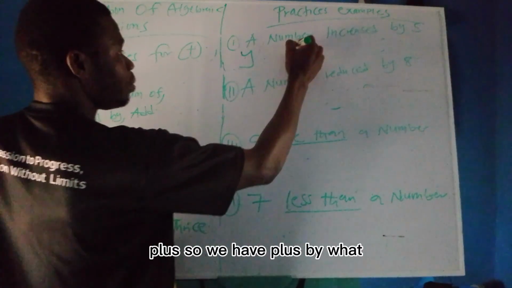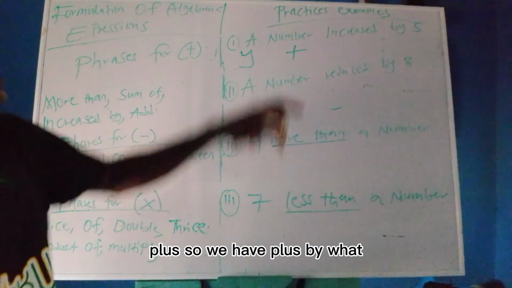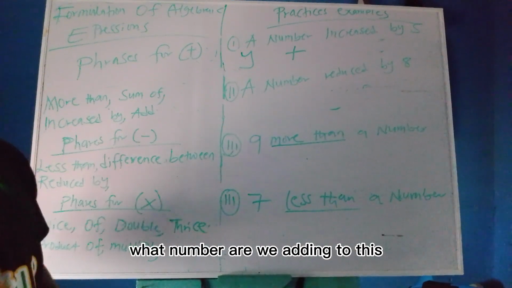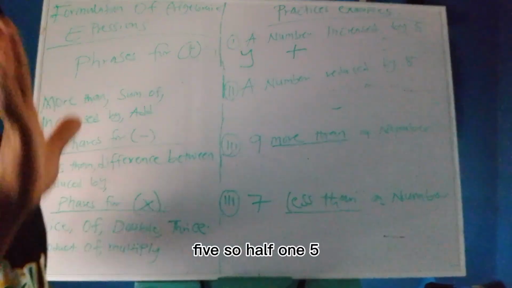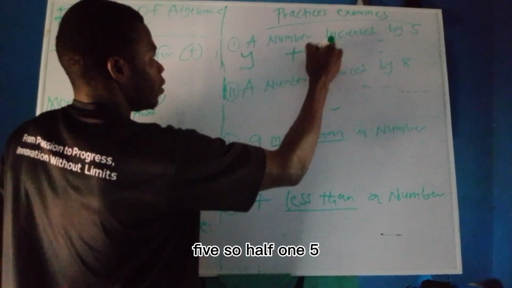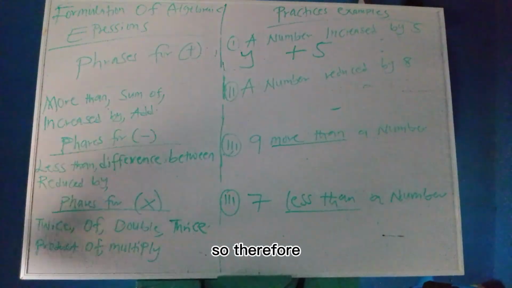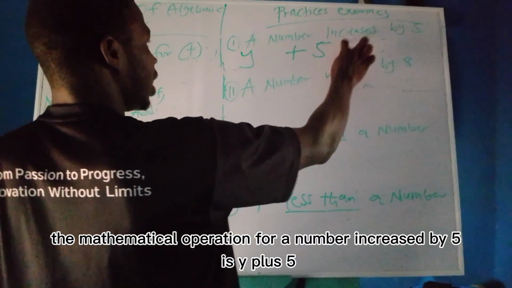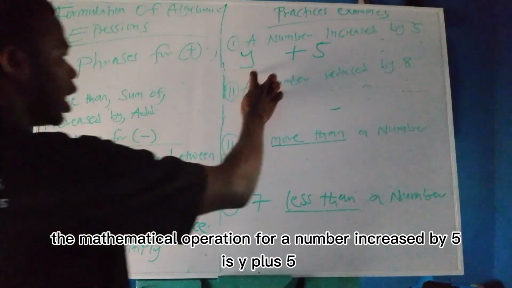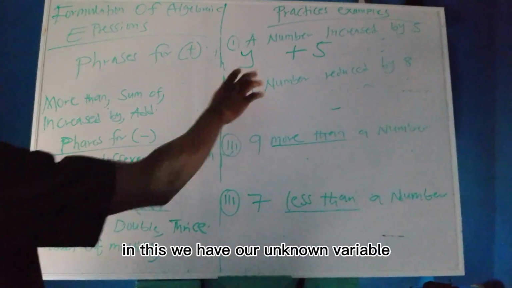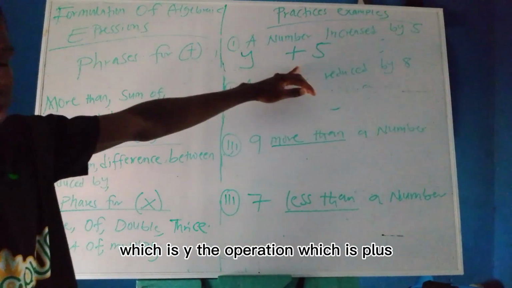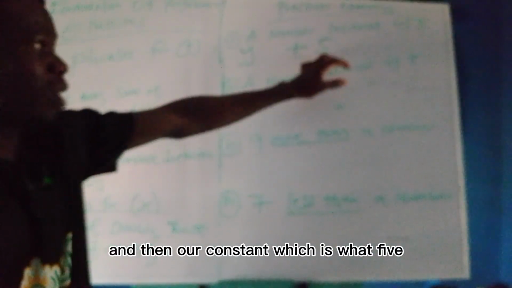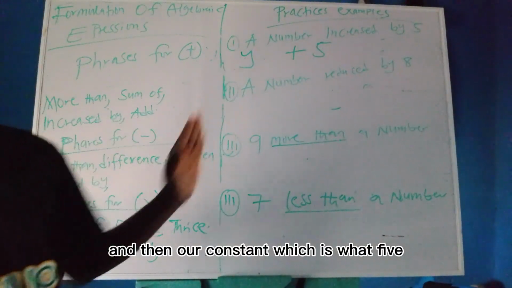So we have plus what number? 5. Therefore, the mathematical expression for a number increased by 5 is y plus 5. In this, we have our unknown variable, which is y, the operation, which is plus, and then our constant, which is 5.